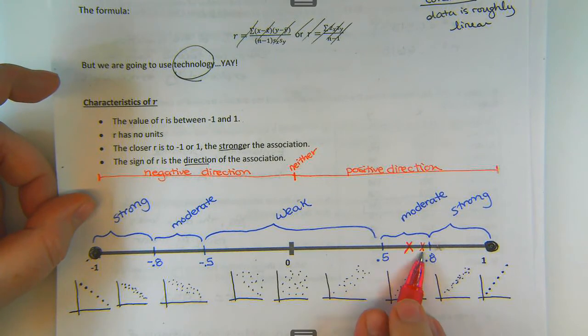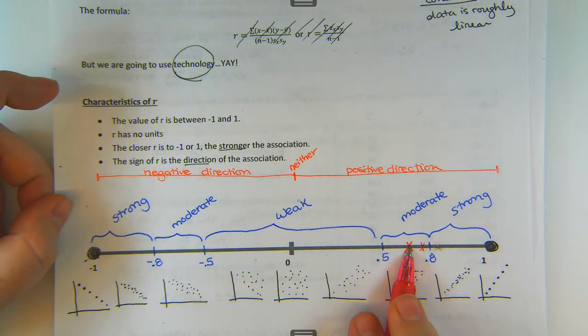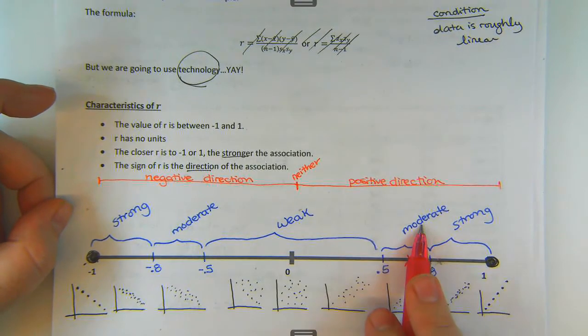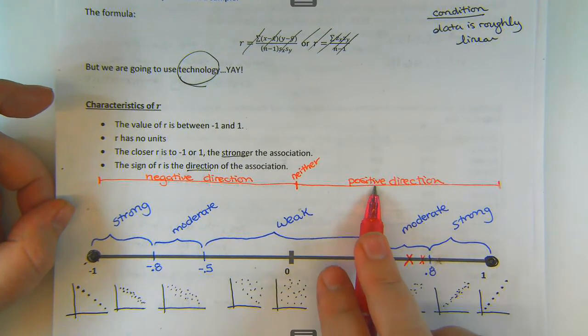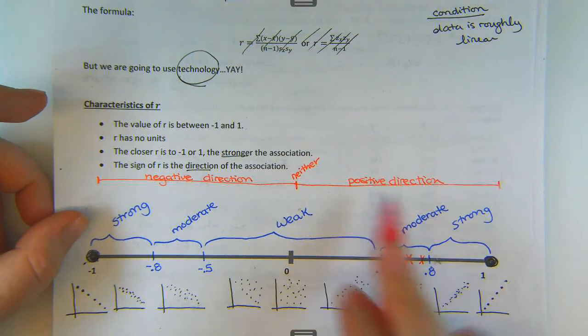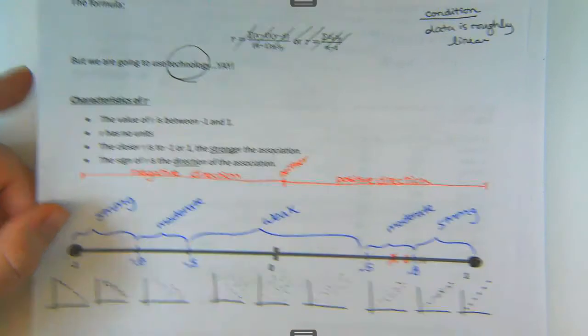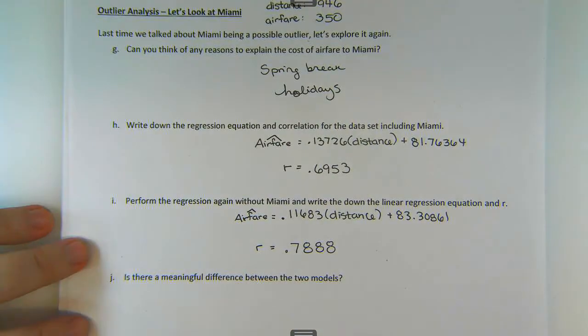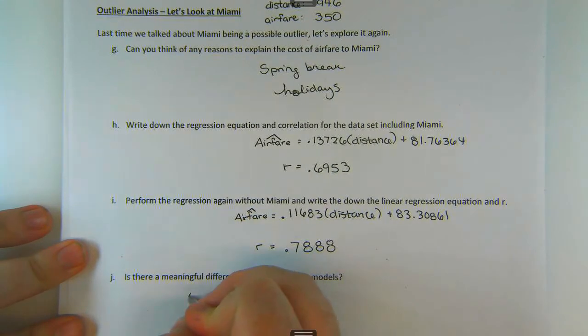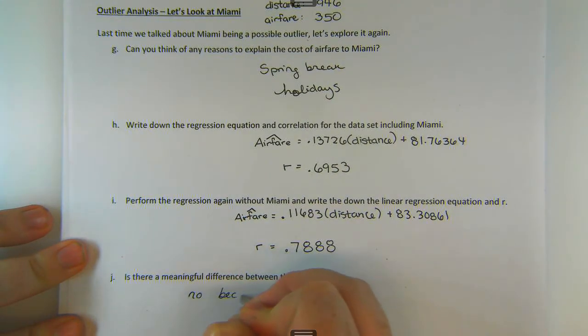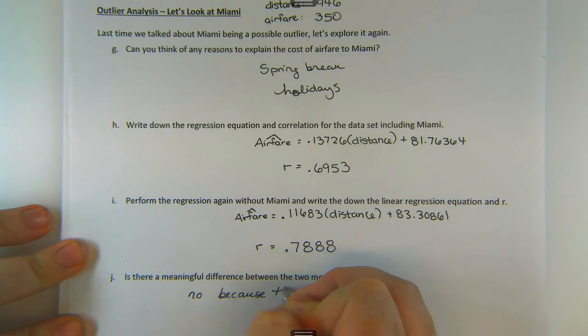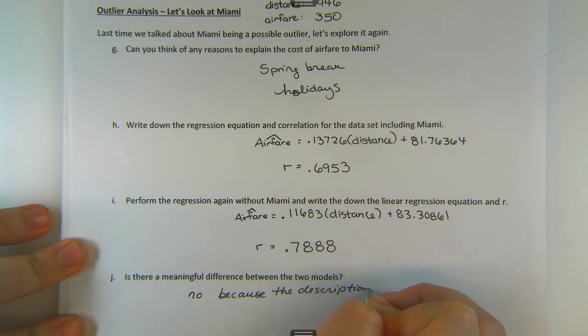What we want to notice is that in terms of our interpretation of the association, nothing's actually changed. We would still describe it as moderate, still has a positive direction. So is there a meaningful difference? No, because the description of the association has stayed the same.